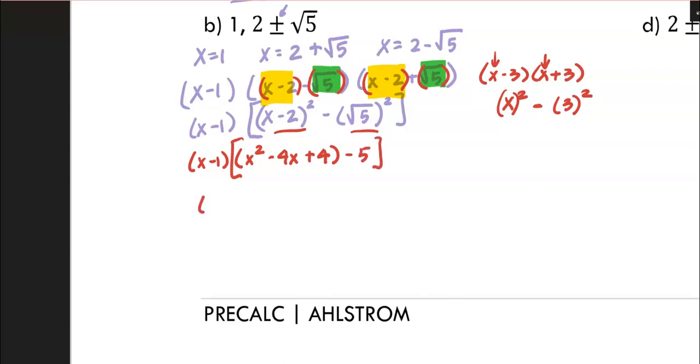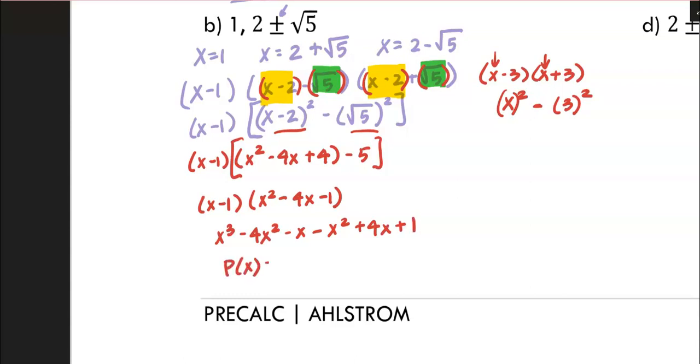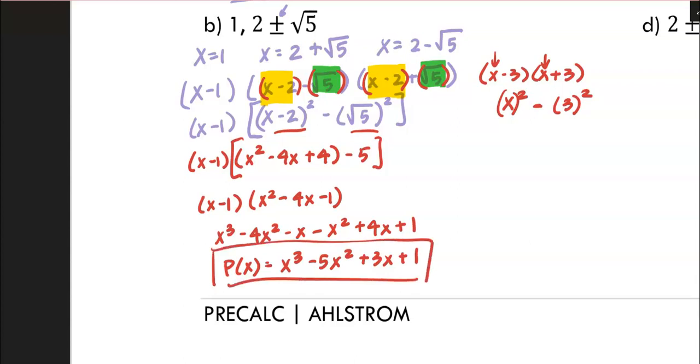Then x minus 1, and then you have an x squared minus 4x minus 1. x cubed minus 4x squared minus x, and then minus x squared plus 4x plus 1. So P of x equals x cubed minus 5x squared plus 3x plus 1.